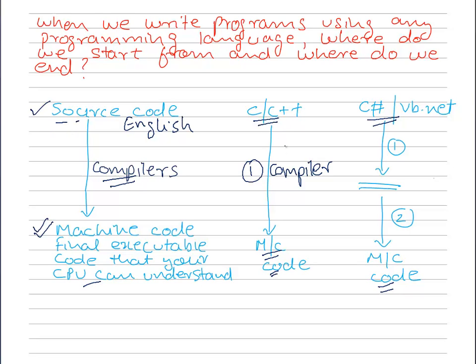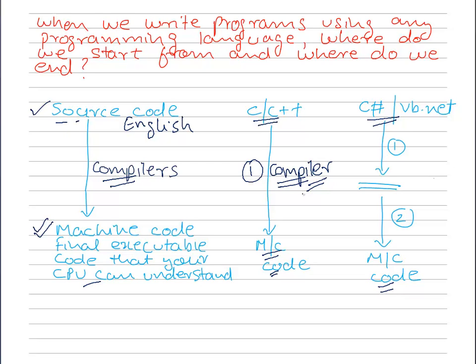Now if you want to target a computer with a 32-bit CPU and a Windows operating system, you need a different compiler to convert the C or C++ code into the machine language understandable by that platform, Windows on a 32-bit CPU. If you want to run your code written in C and C++ on a Linux machine, you need a different compiler to compile it for a Linux machine, right?